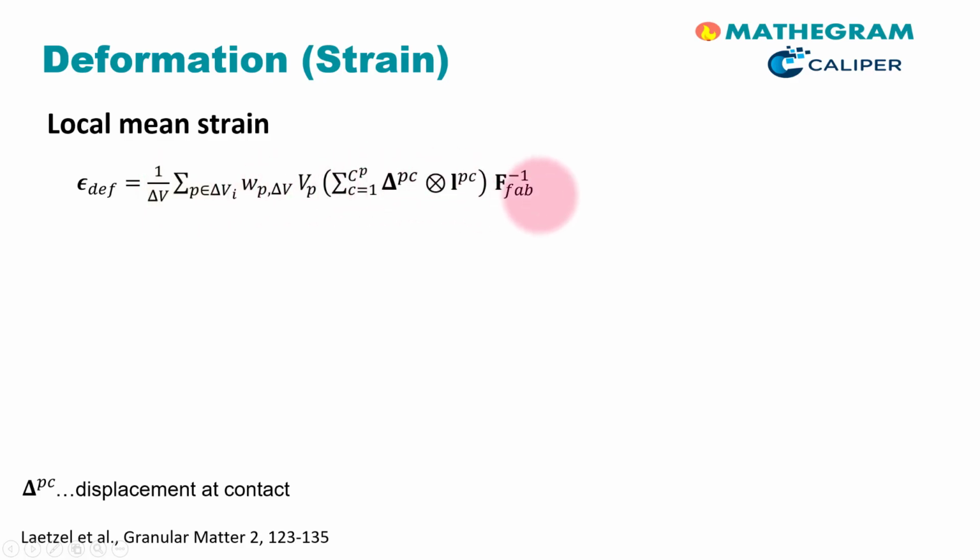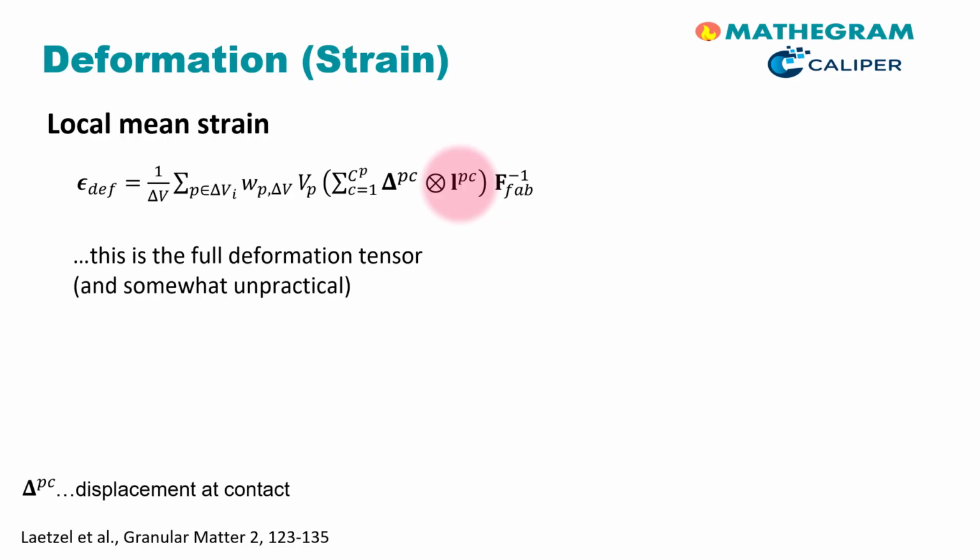Note that the last term is the inverse of the fabric tensor, i.e. one must calculate the contact fabric tensor prior to the evaluation of the local mean strain tensor. You may also notice that we here have to calculate the dyadic product of the displacement at contact with the distance LPC already discussed before.